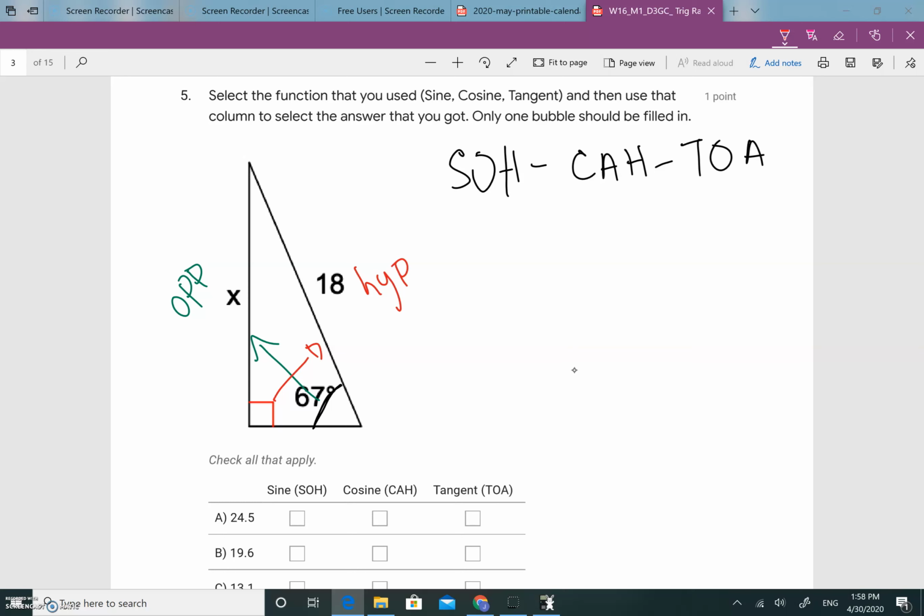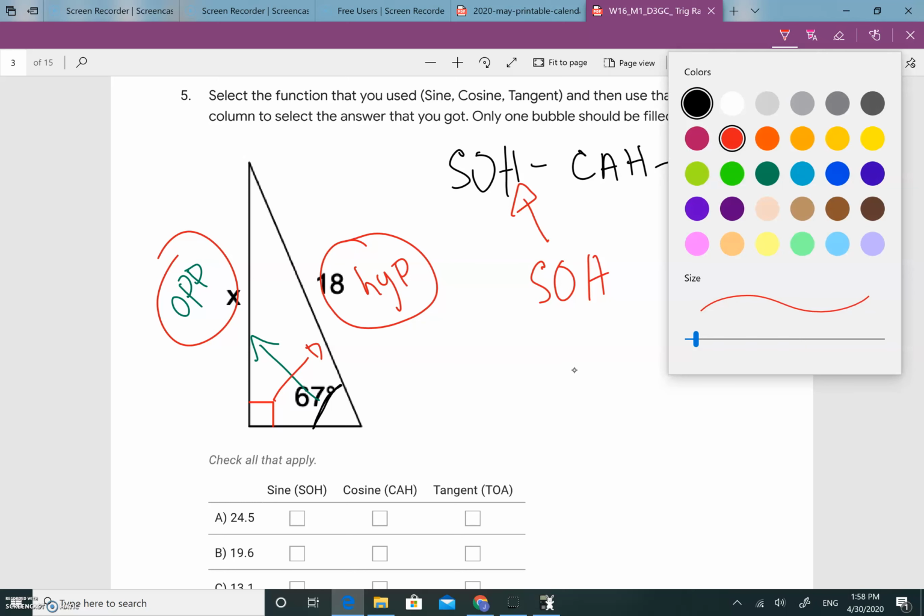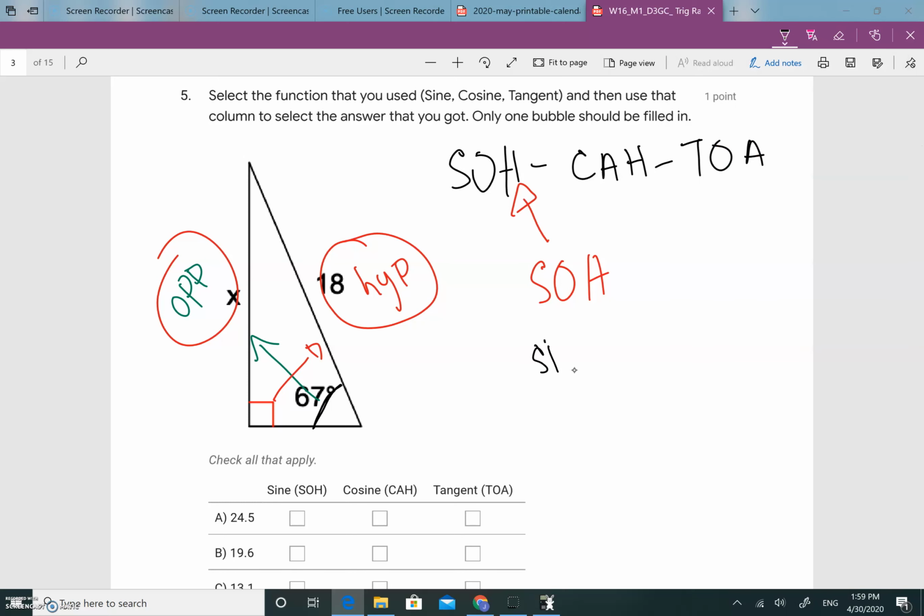So what function uses OH? So we're interested in OH. So which one has OH? That's going to be the first one, the first one being sine. So SOH. That's the one we're going to use. So this is going to become sine, or abbreviated as sin, 67.